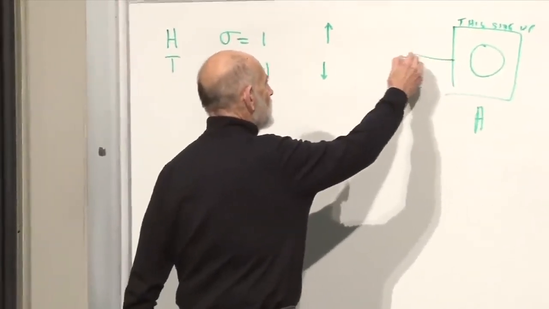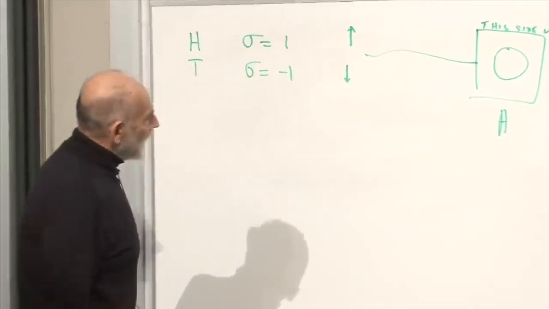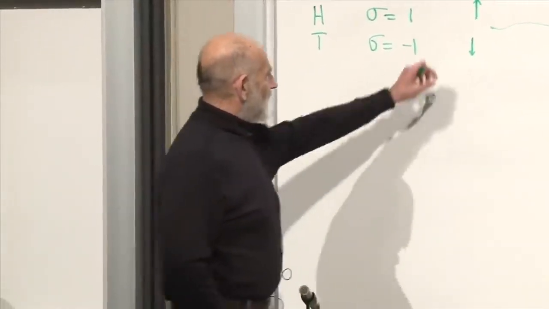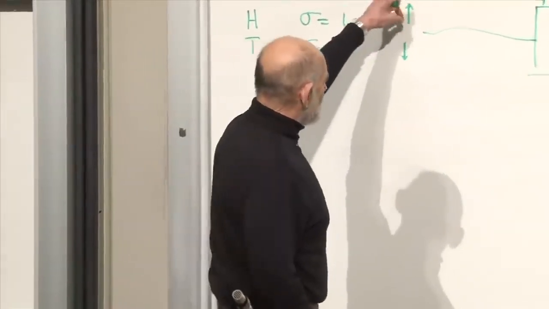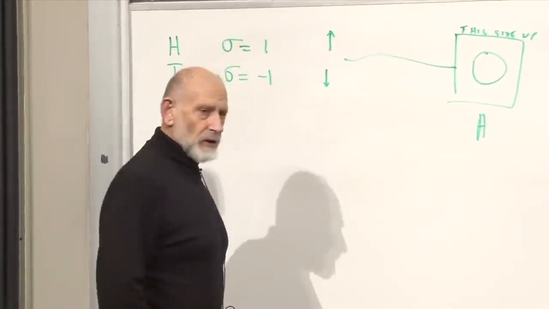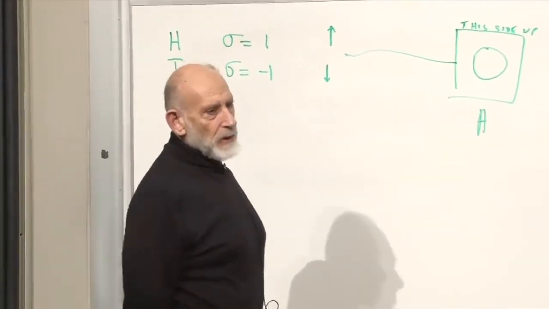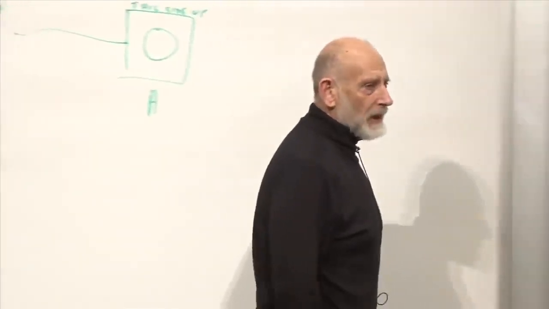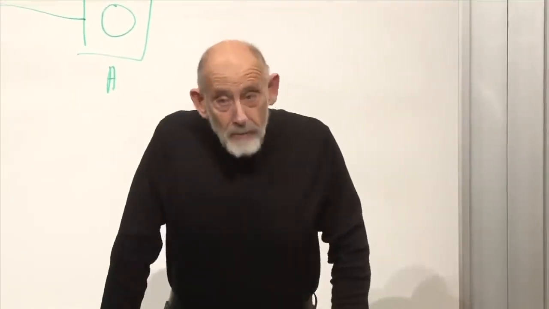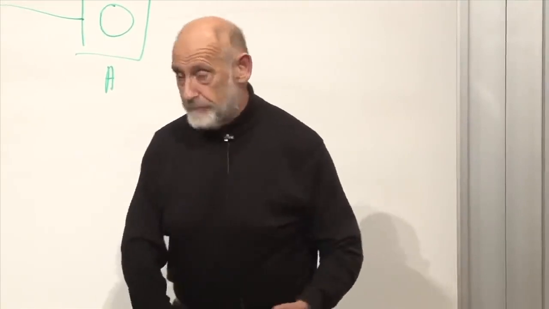And it has some sort of detector on the end of a wire that senses the qubit, and it senses whether the qubit is +1 or -1. So you start with your qubit, and you don't know what state it's in. The experiment is to determine what state it's in.